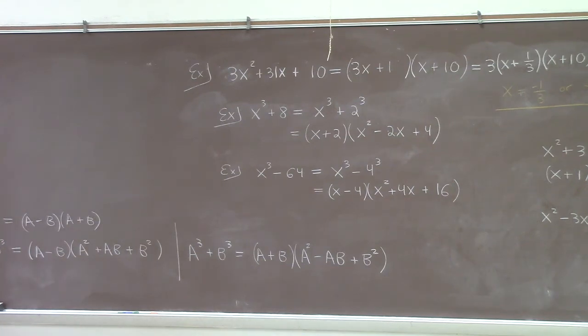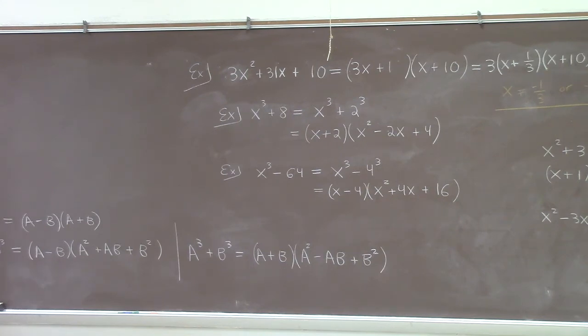Let's do exercise 14. 14 is s to the 4th minus 33 s squared plus 18 s squared. This one's kind of silly. Supposed to factor that completely.